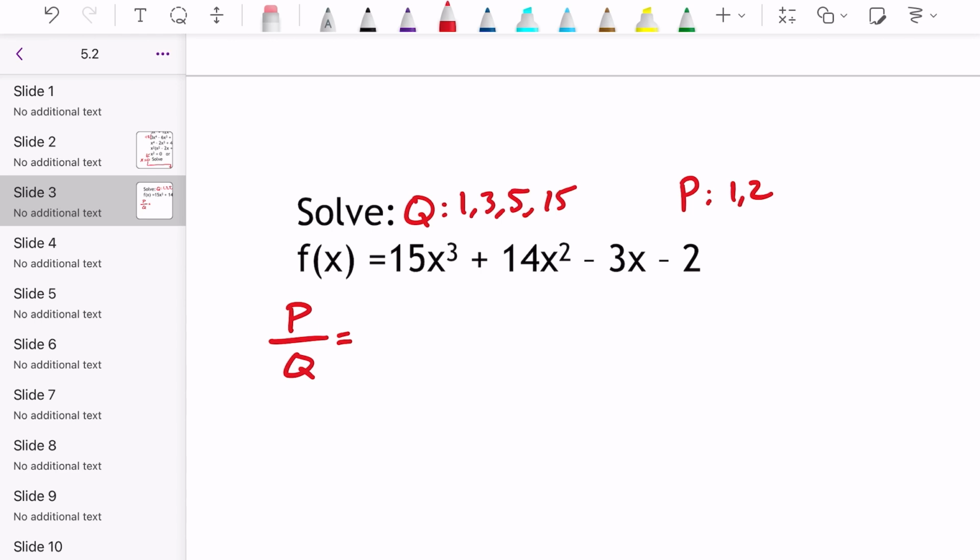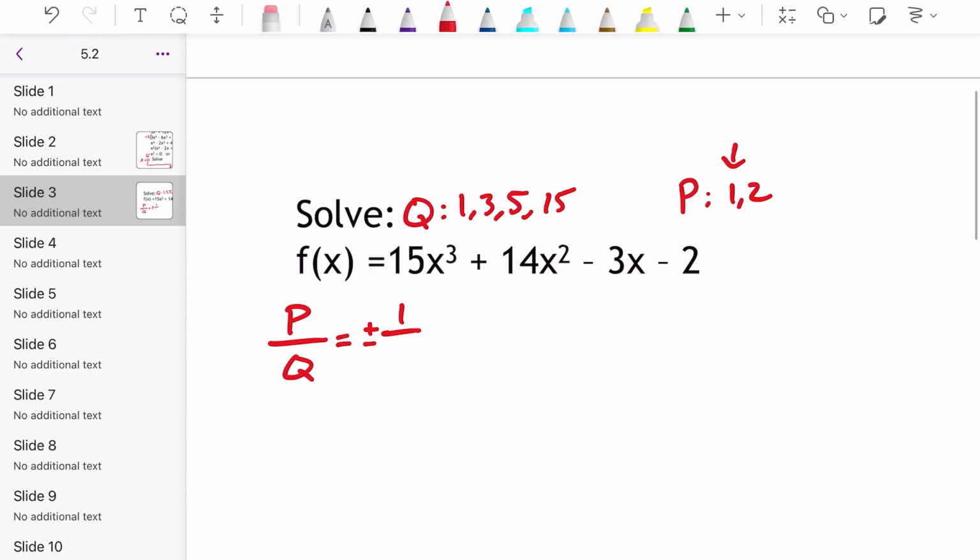So what will occur is that we will look at our first number, and we'll do that in red. So our P is 1. Our first one would be a positive or negative of 1 over our first Q, which would be 1. From there, we would go on to our secondary P, which is going to be 2.